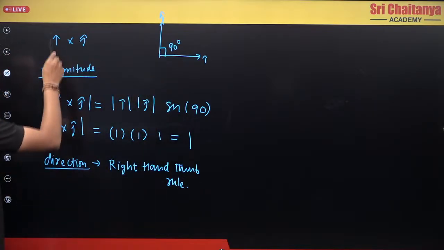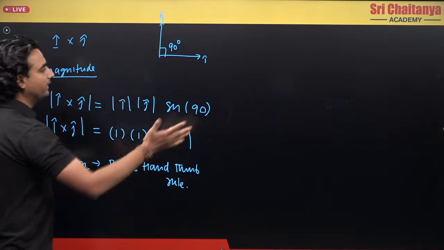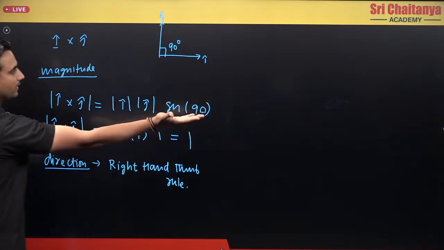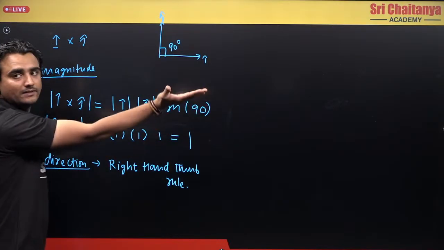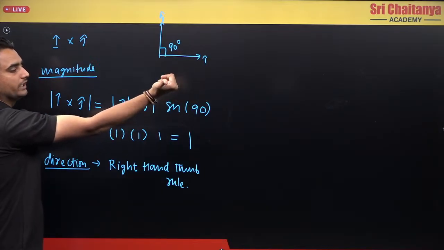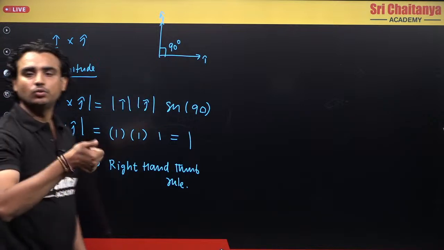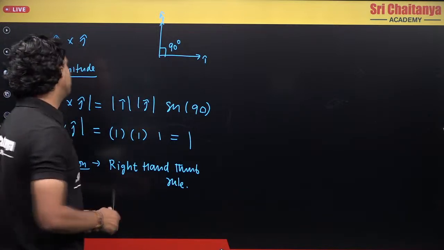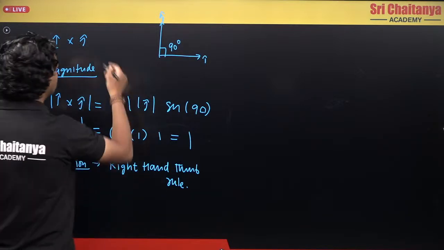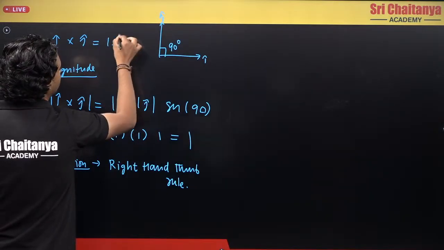First you point your hand towards vector A, and then you turn towards vector B. When I turn from A towards B, here from i towards j, my thumb is pointing towards the outer direction, towards you, and that is k cap. So I will say i cross j, what do I get? Magnitude is 1 and direction is k cap.